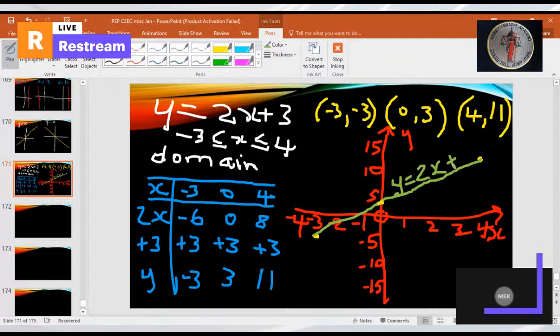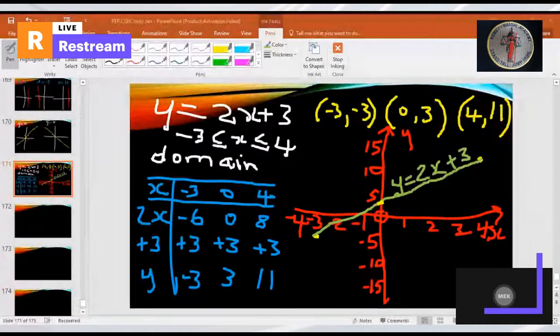For the linear graph, you're given a function, or we call it an equation, y equals 2x plus 3. It gives us a straight line because the order of the x term is 1, that's x to the first power. So what we do now is we set up a table with our domain.